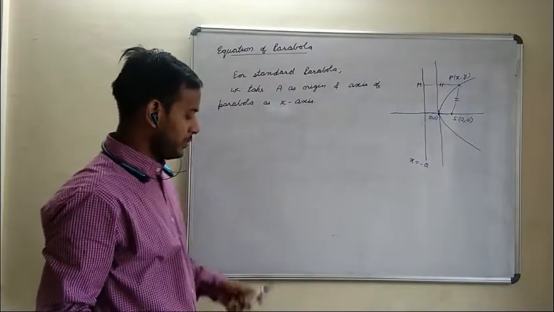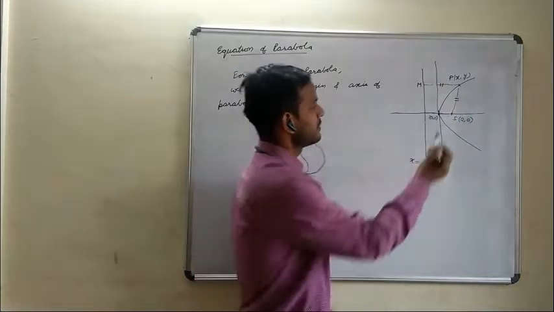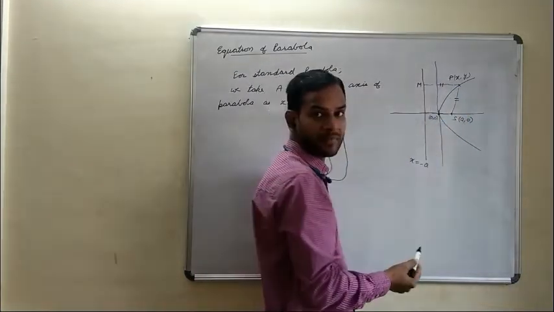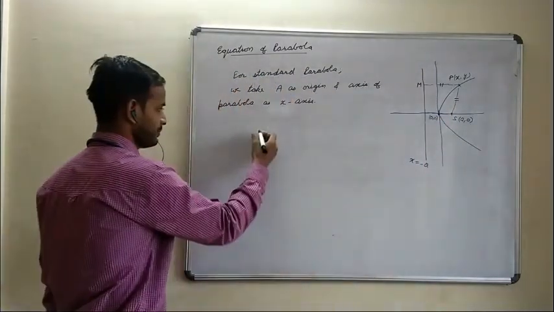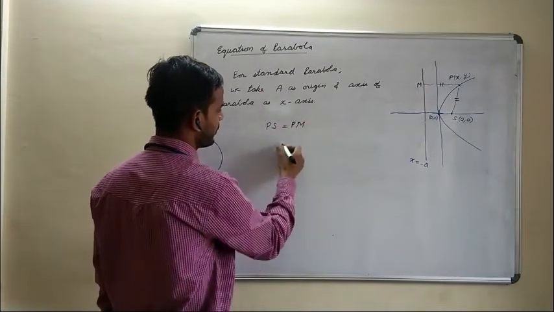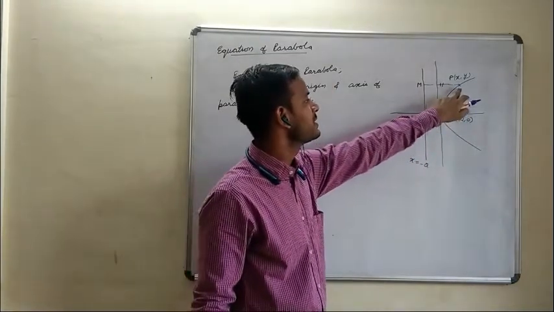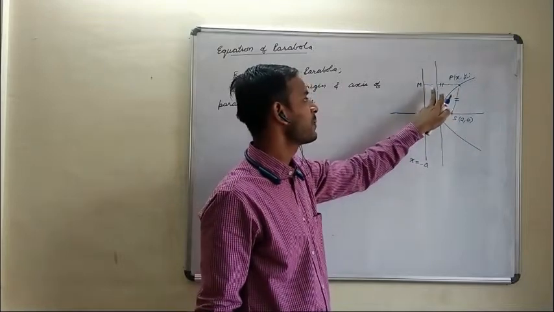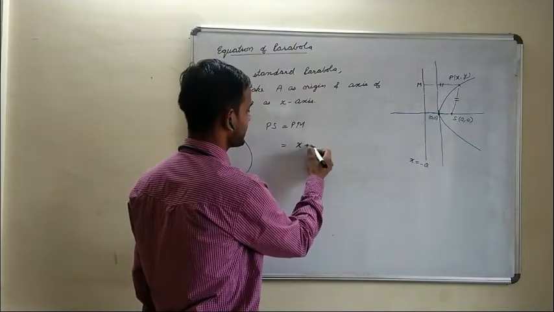Now from the diagram we can see that PM is the distance of this point from the y-axis, which is x, plus this distance a. So PM is x plus a.